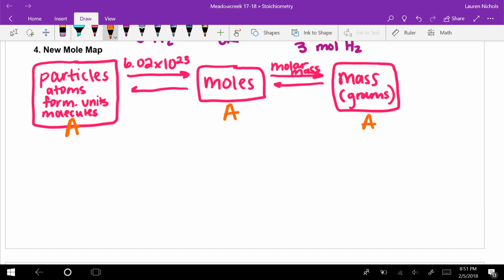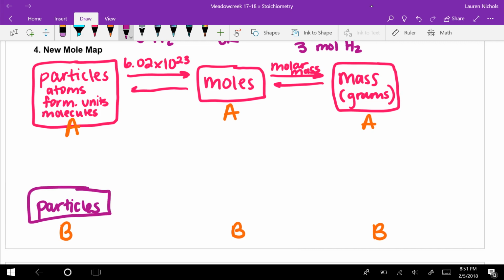Now, let's say I have substance B. Does my mole map look any different? If you said no, then you would be correct. Over here, you're still going to have particles, which also is atoms, formula units, and so on.